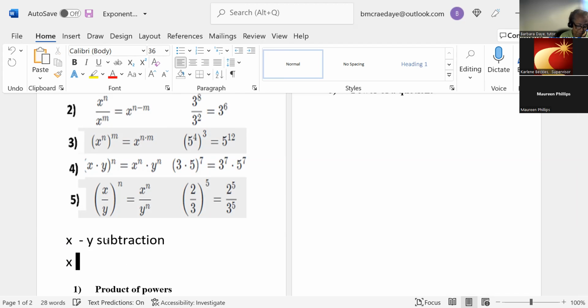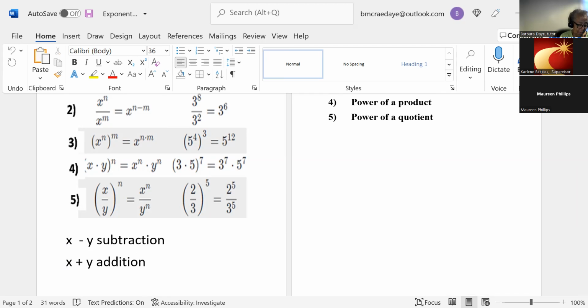X plus Y. That's addition. Remember your mathematical operations, Maureen. Then if I had X, and I'll put an asterisk for multiplication. X times Y is multiplication.